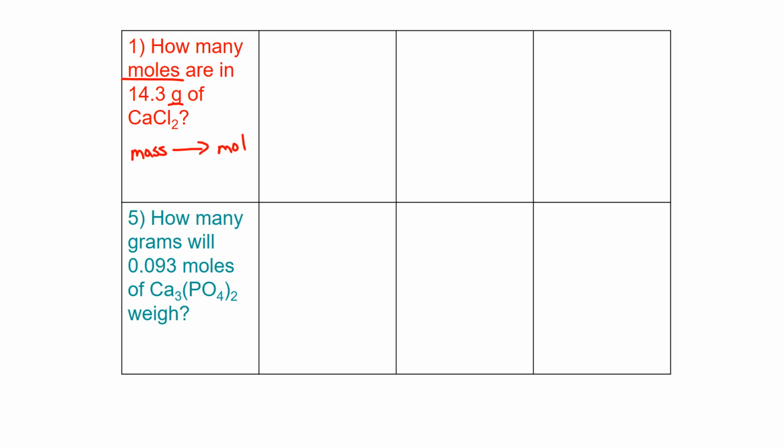So what's the first thing that I'm going to need to figure out to get from mass to moles? Molar mass. So I need my molar mass to be able to convert from one to the next. Looking this up, whenever you solve for molar mass, the worksheet that I gave you yesterday said to go to the tens place.